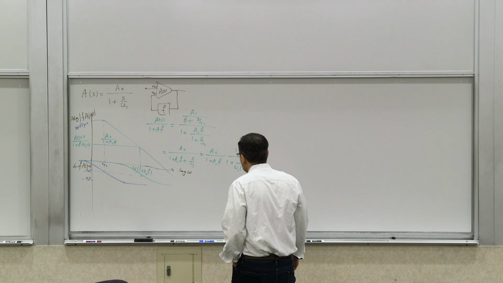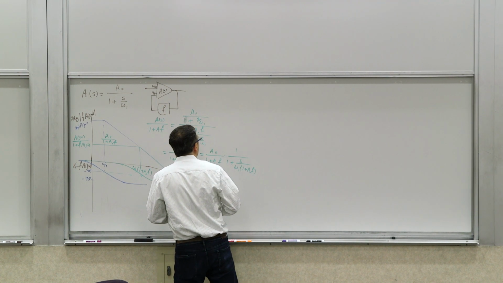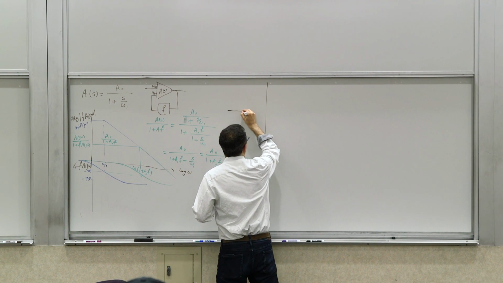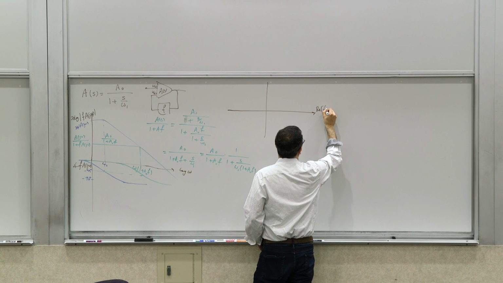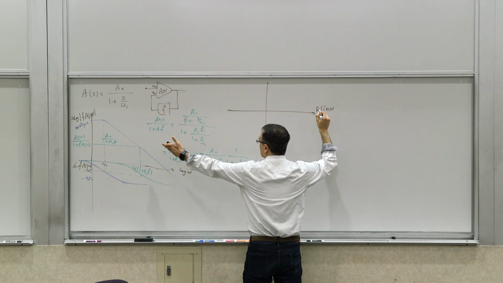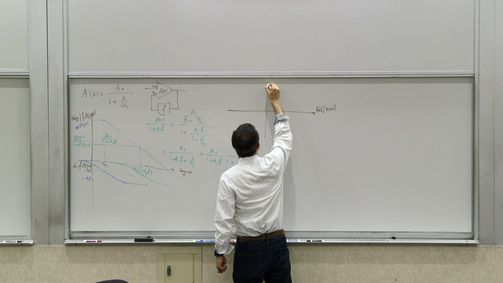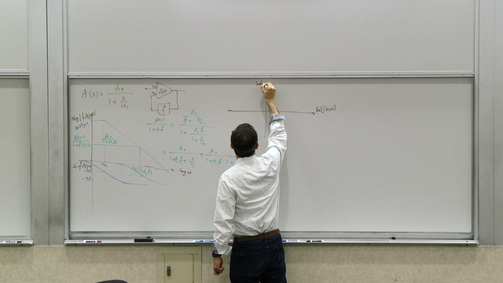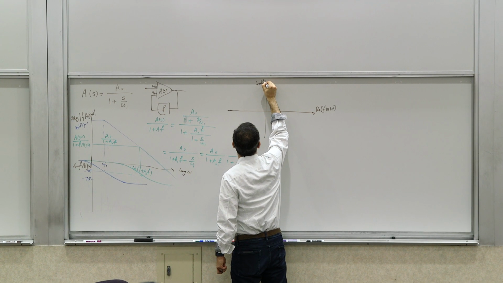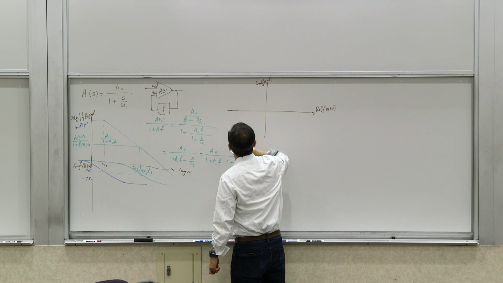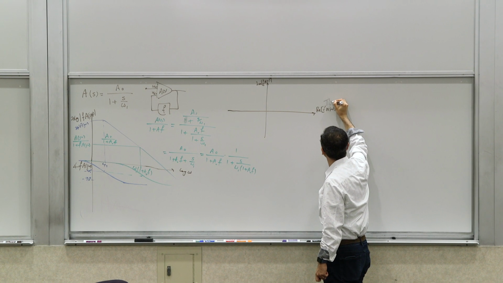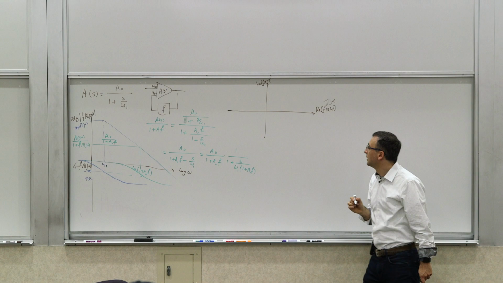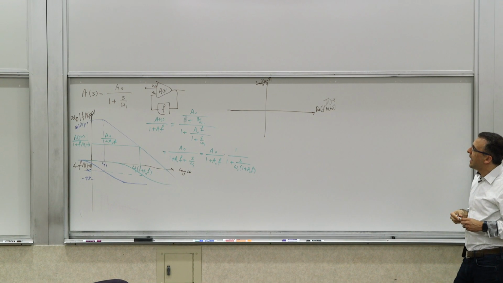Well, let's look at the Nyquist plot to see how that looks. The Nyquist plot is really the real part of F times A of j omega, which is this quantity, and the imaginary part of F times A of j omega, the loop gain, really. This is the loop gain. So now what does it look like?